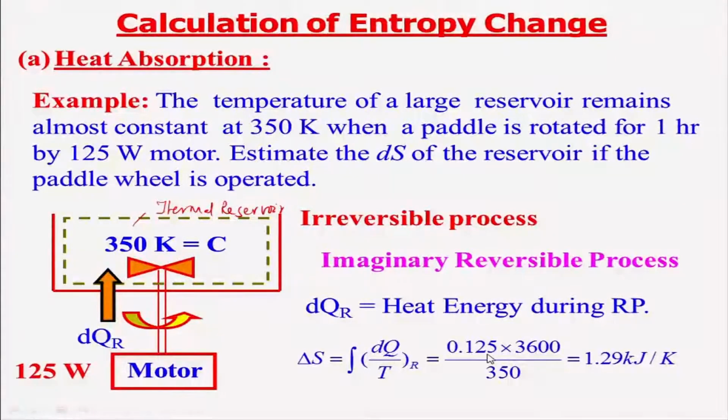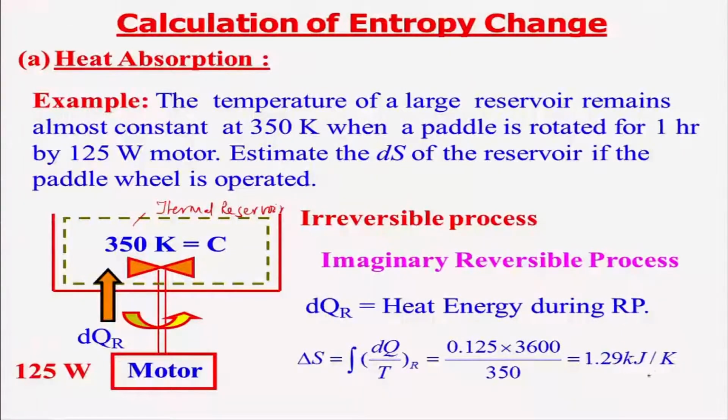Here I have taken the kilowatt, so it will be 0.125 times 3600, for 1 hour in seconds, divided by 350, which gives 1.29 kilojoule per Kelvin.